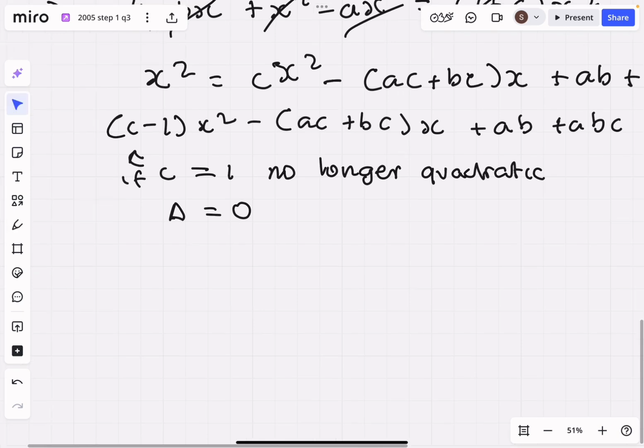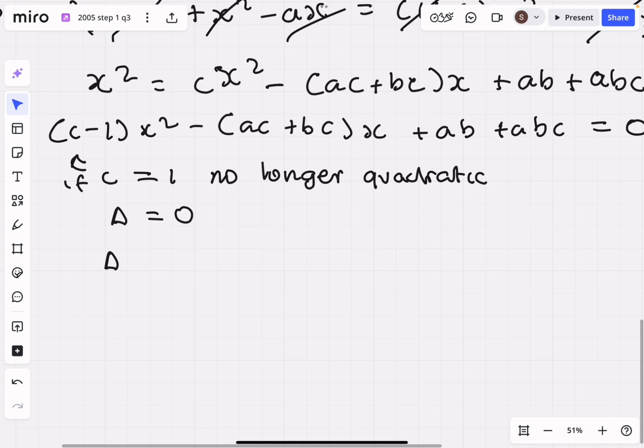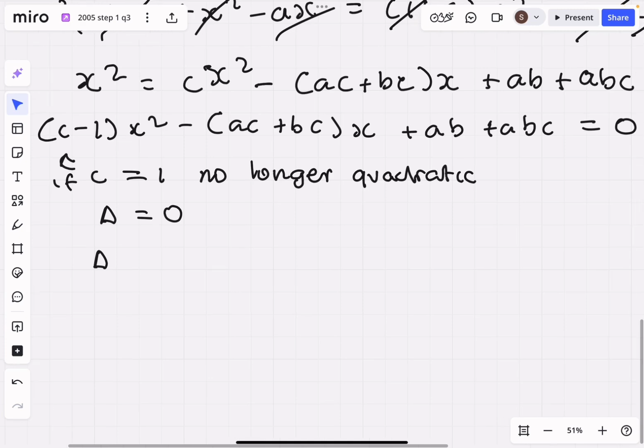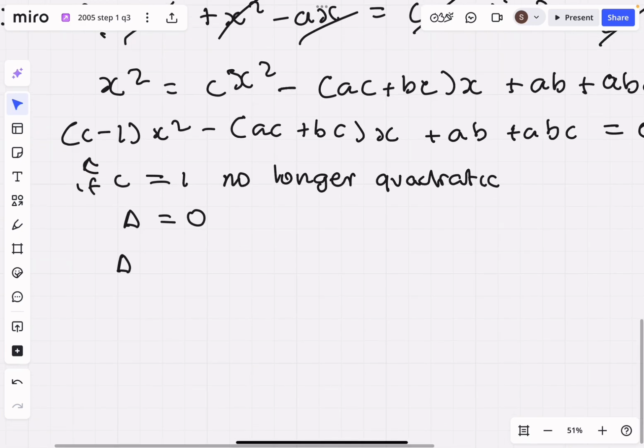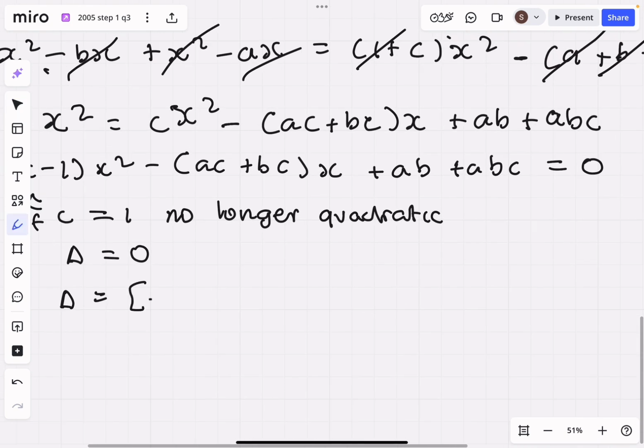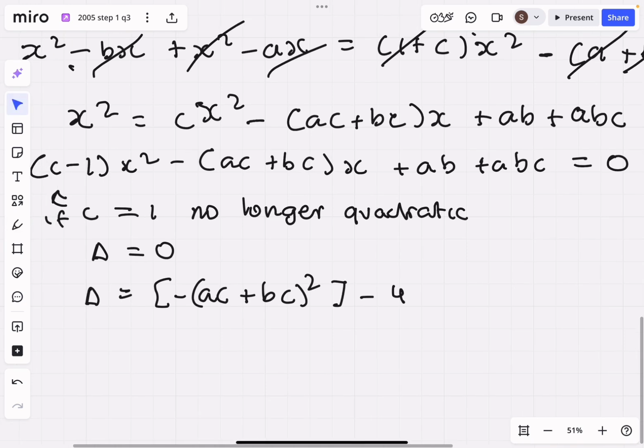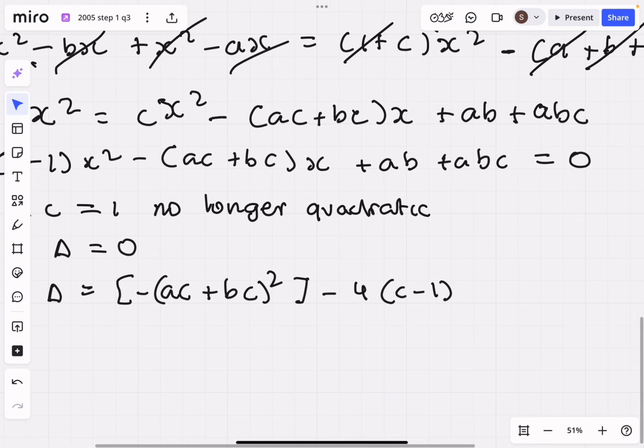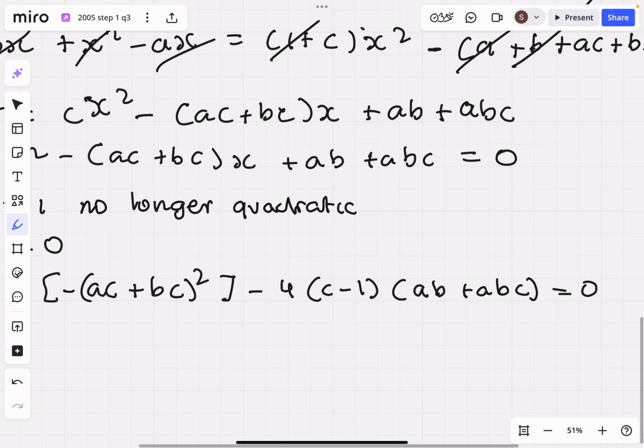The discriminant is b squared minus 4ac, where a is the coefficient of x squared, b is the coefficient of x, and c is the constant value. So the discriminant would be (ac plus bc) squared minus 4(1 minus c)(ab plus abc), and that equals 0.